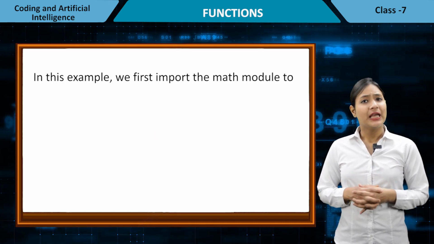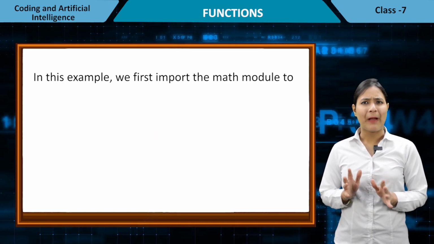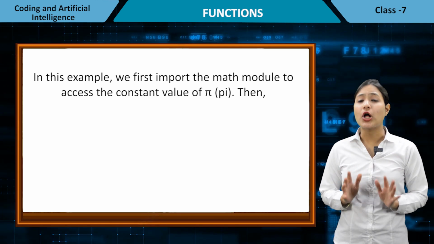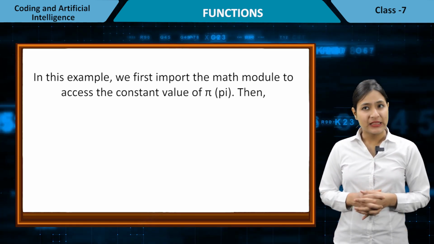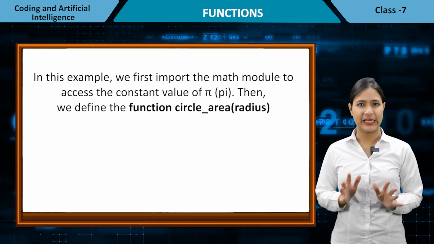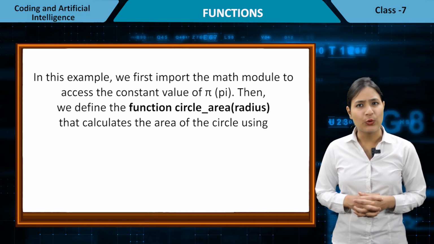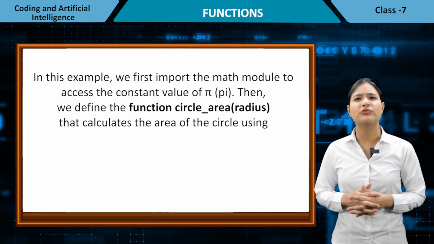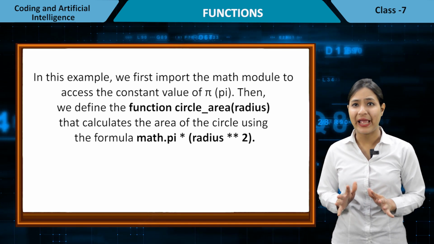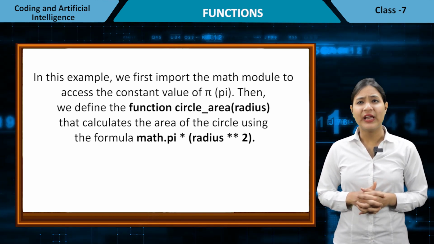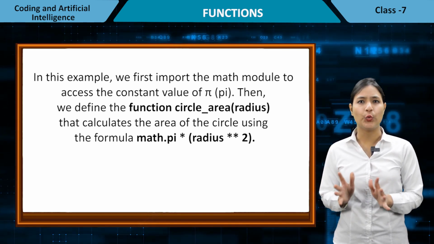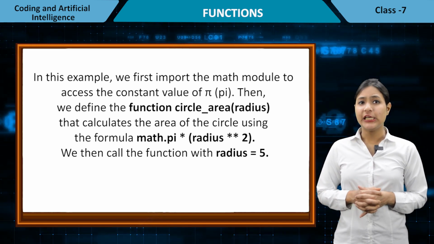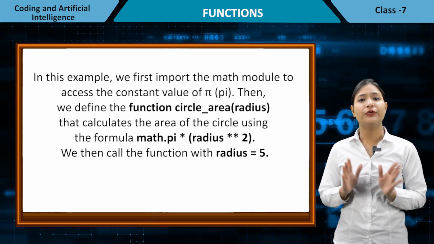Explanation. In this example, we first import the math module to access the constant value of pi. Then we define the function circle_area(radius) that calculates the area of the circle using the formula math.pi * radius ** 2. We then call the function with radius equal to 5.